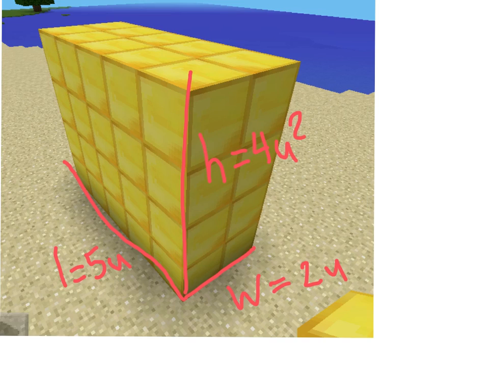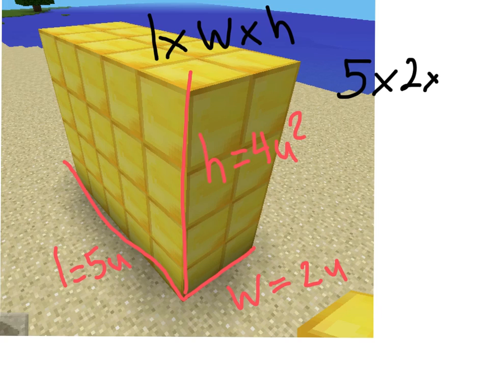Okay, I'm back. Let's take a look and see what you did. Hopefully you remembered that the formula now for volume is length times width, so finding the volume of the base, times height, multiplying that by the number of levels you have. So length multiplied by width multiplied by height. So in this case, if we look at it, the length is 5 units, the width is 2 units, and the height is 4 units.